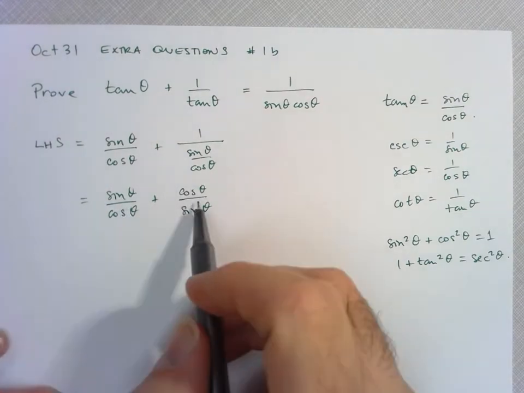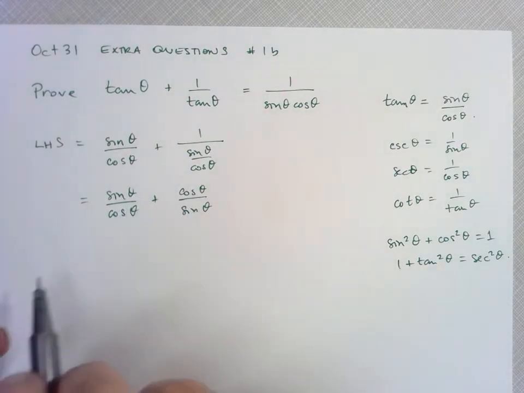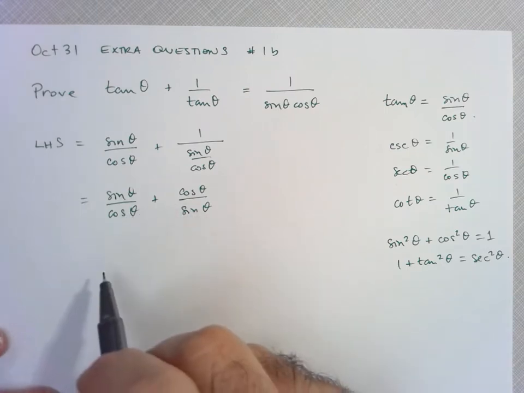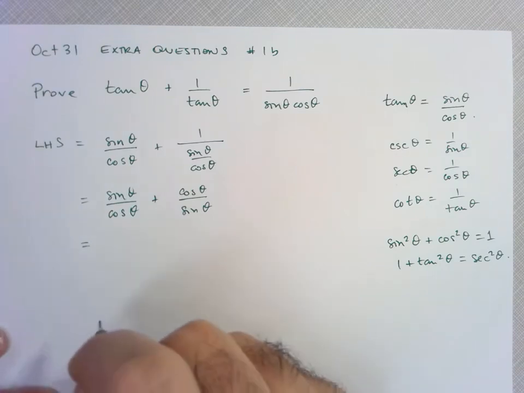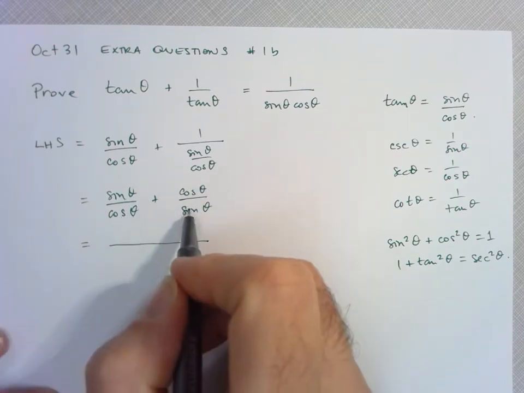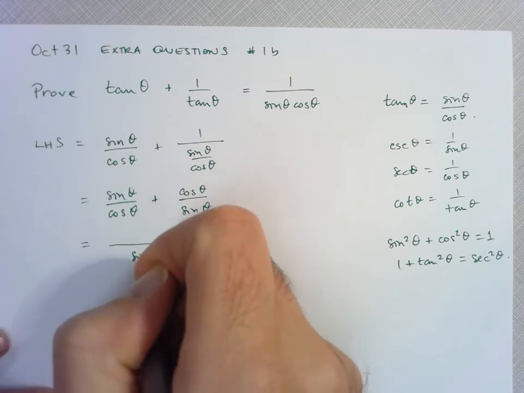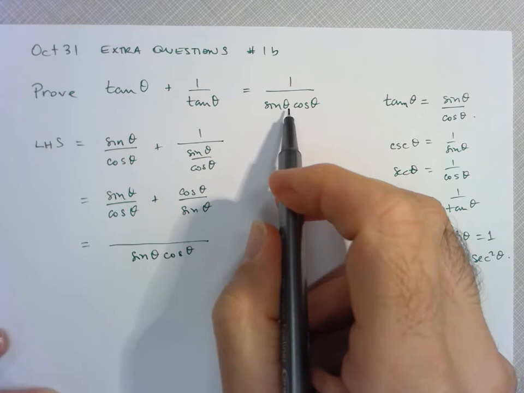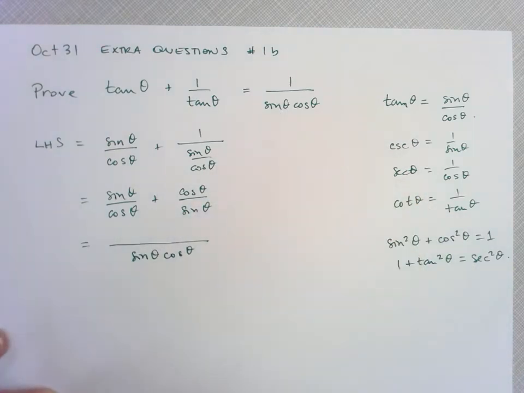Okay, so now there's nothing else we can do with the individual terms, so let's add these up, and we can add them up as though they were rational expressions. Okay, so I'm going to have a common denominator. Well, I'm going to need both of these factors, so my common denominator will be sine theta cos theta, which I'm very happy about because that's the denominator I have on the other side.